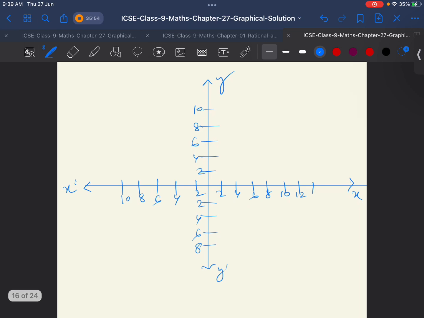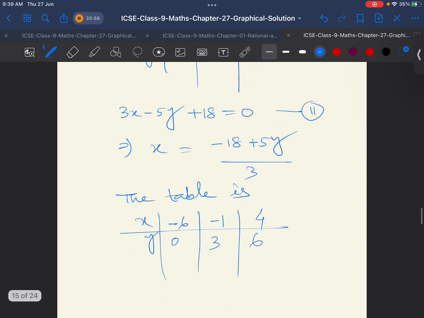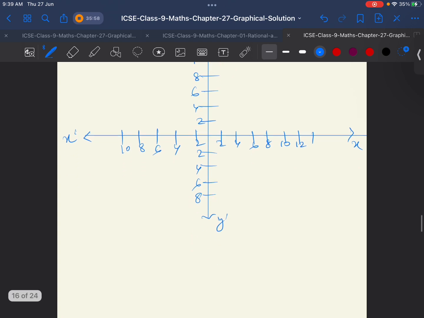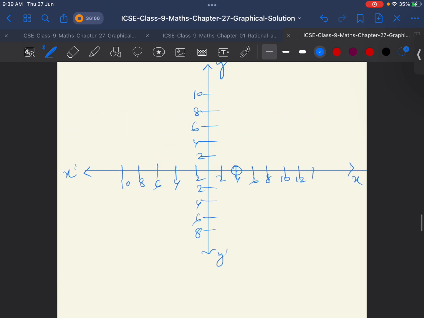Okay, so now we plot these points. The 4, 0 point is here, and minus 1, 3 is here, and 9, minus 3 is here. Now we draw the line.